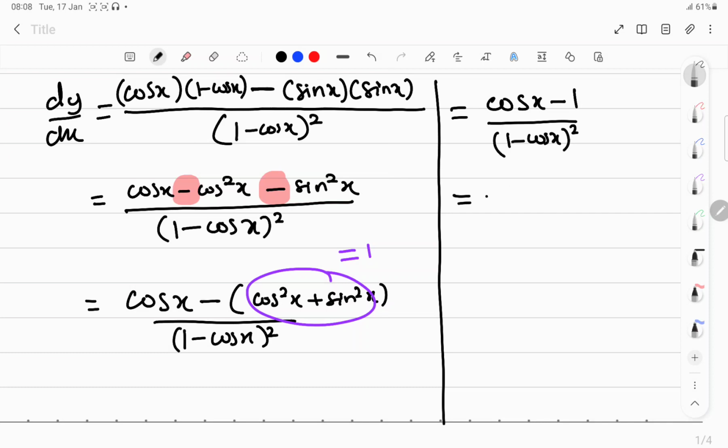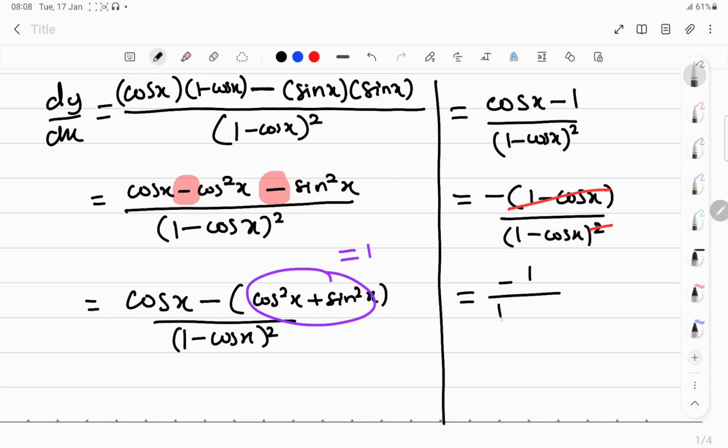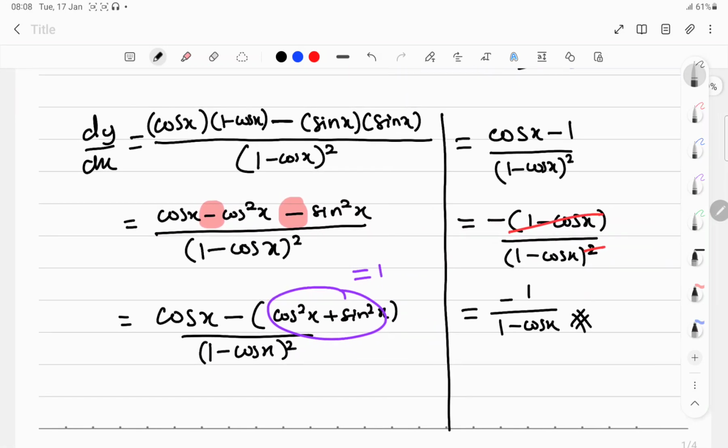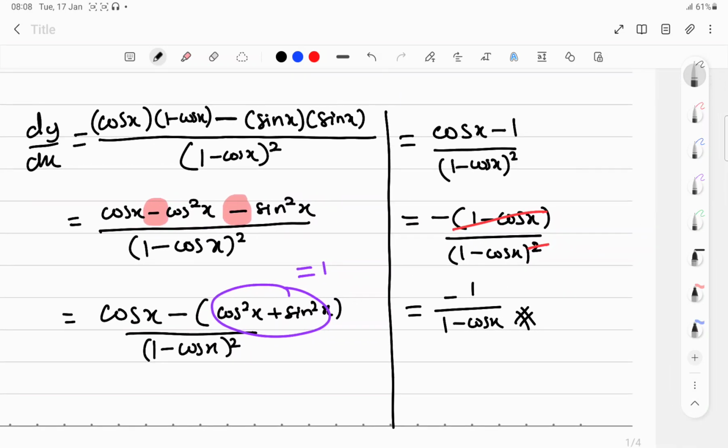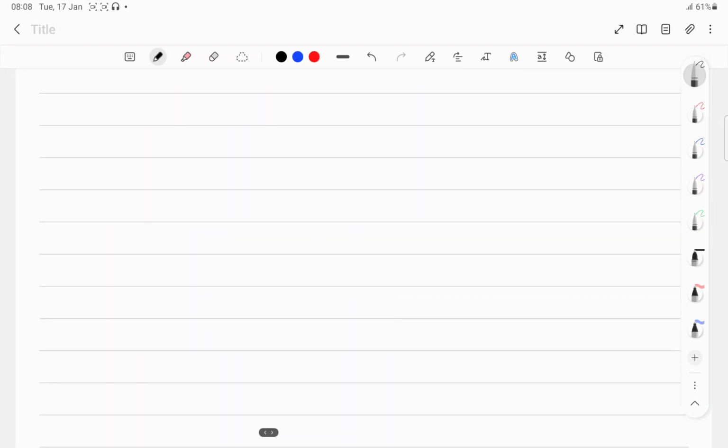We factorize negative out of them, so we get 1 minus cos x. Then we can cancel this one and this one, leaving us with minus 1 over 1 minus cos x. So this one is quite long, but that's the solution.